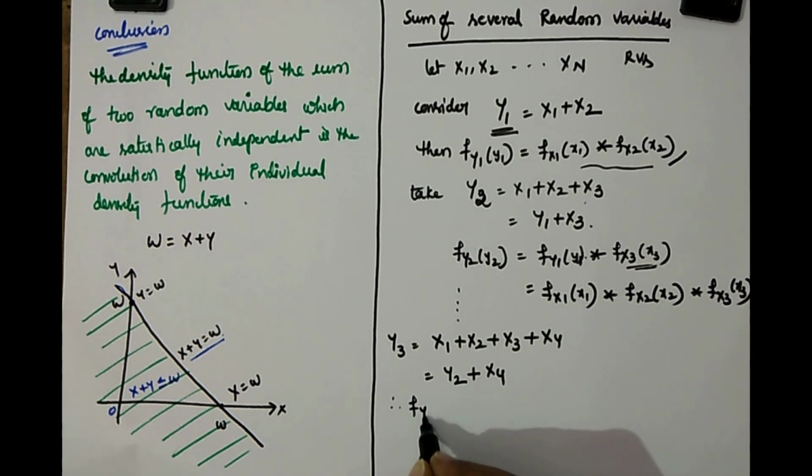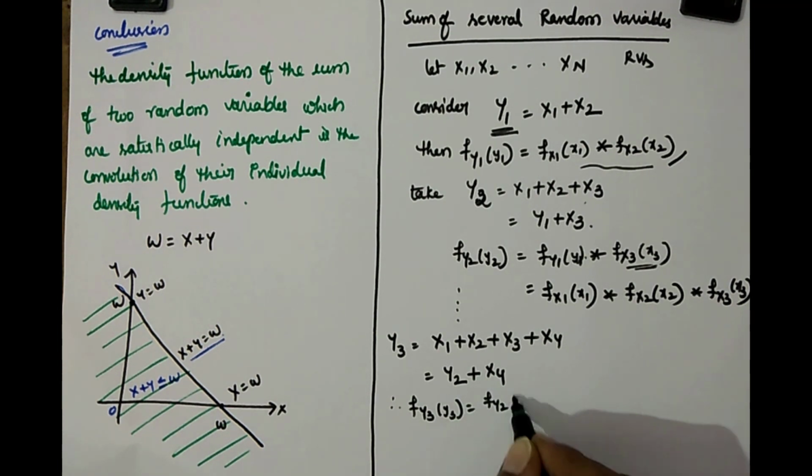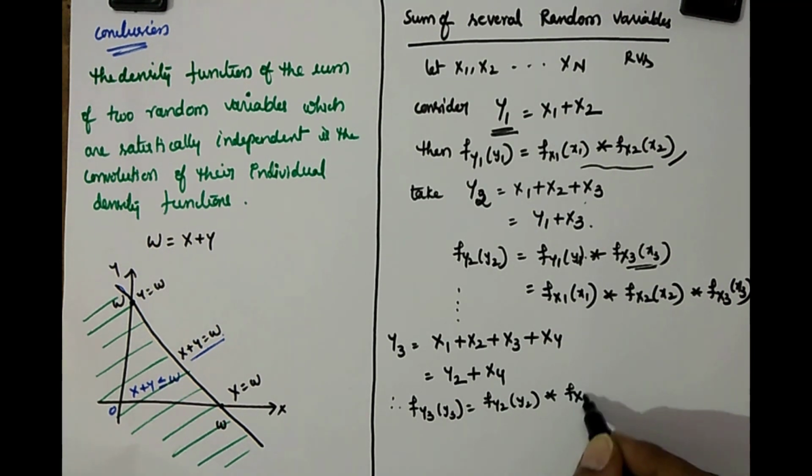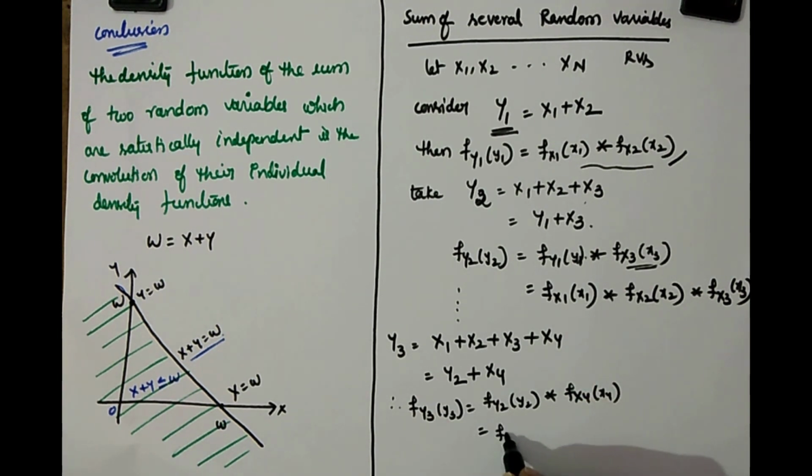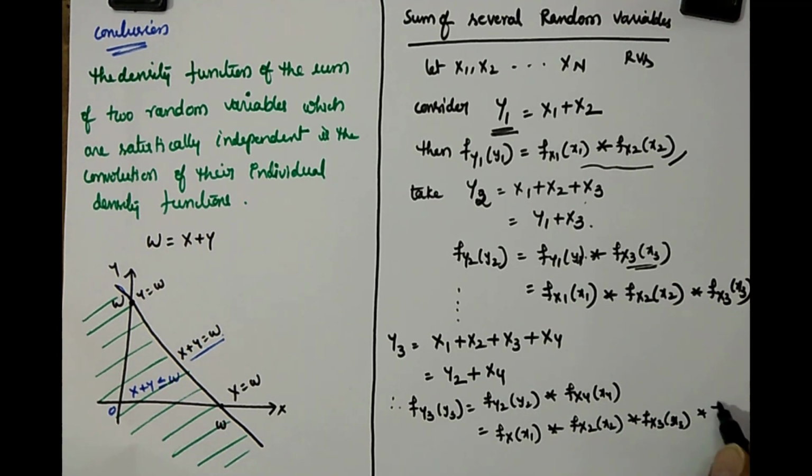Therefore, fy3 of y3 is equal to fy2 of y2 convolved with fx4 of x4. Substitute fy2 of y2 from this. So fx1 of x1 convolved with fx2 of x2 convolved with fx3 of x3 convolved with fx4 of x4.